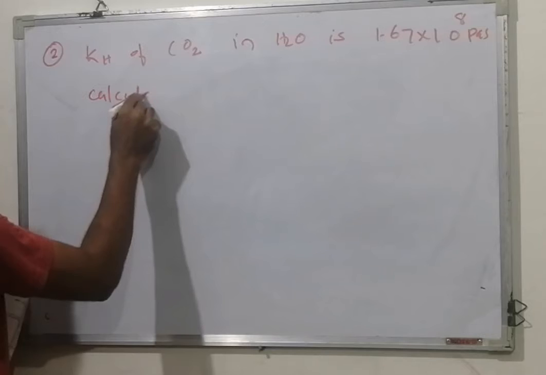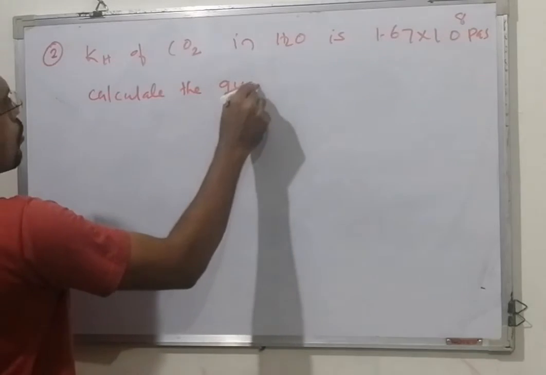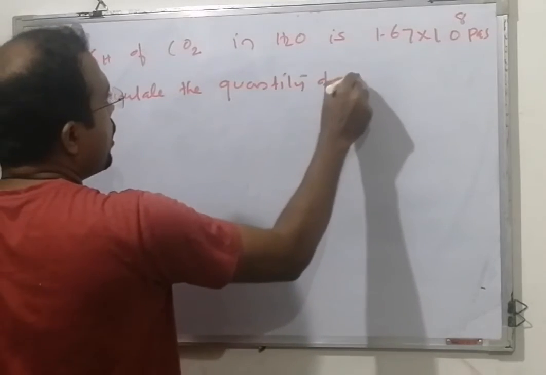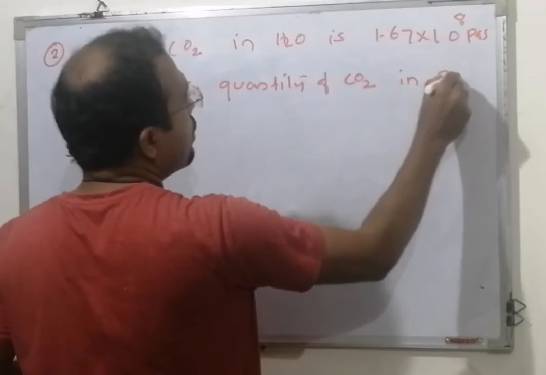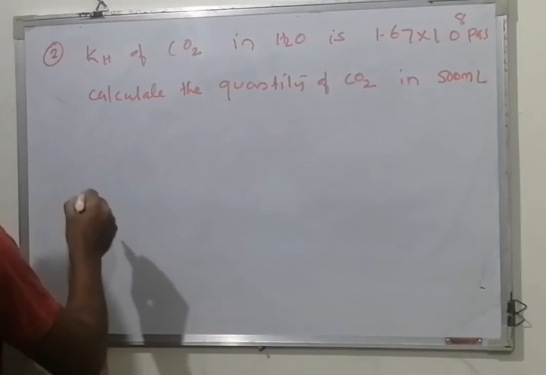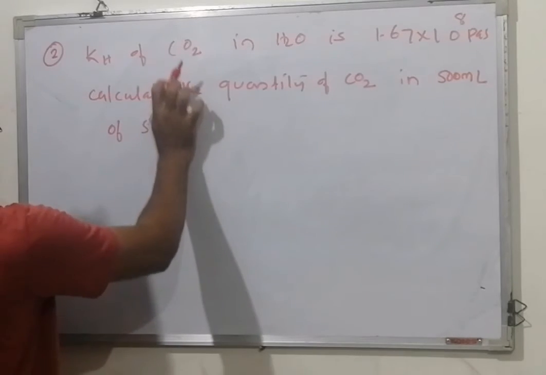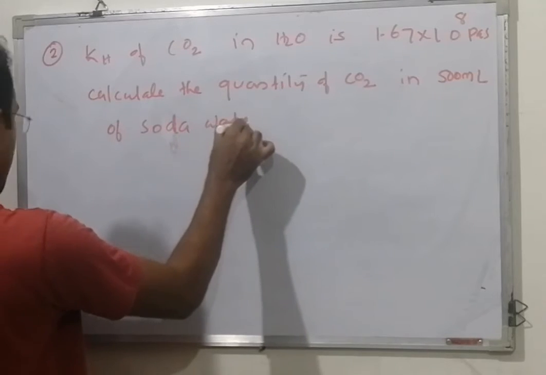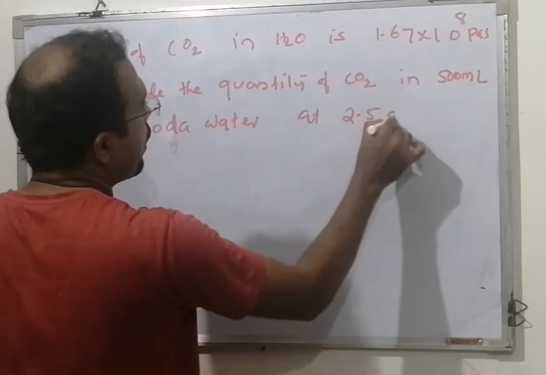Calculate the quantity of carbon dioxide in 500 ml of soda water at 2.5 atm.